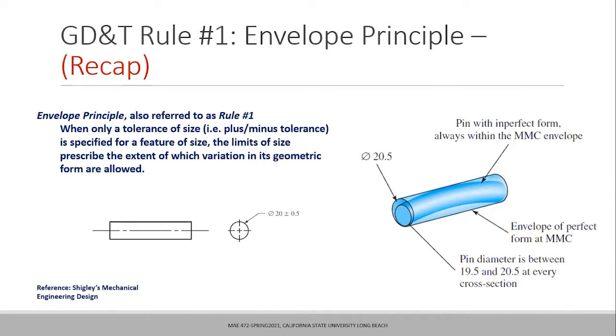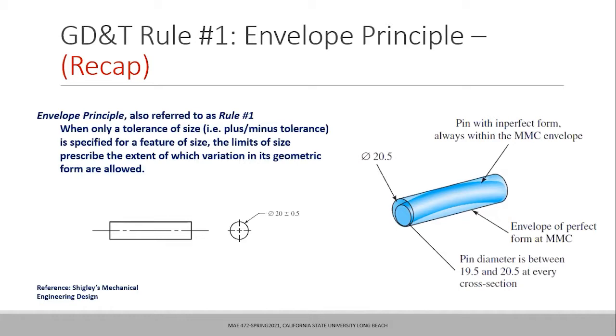To recap some of the concepts that we were learning, rule number one is the envelope principle. It basically says that even if you do not have any GD&T symbol in your drawing, rule number one, or the envelope principle, states that you should have perfect form at MMC. MMC is the maximum material condition.